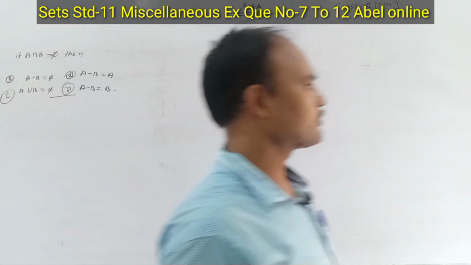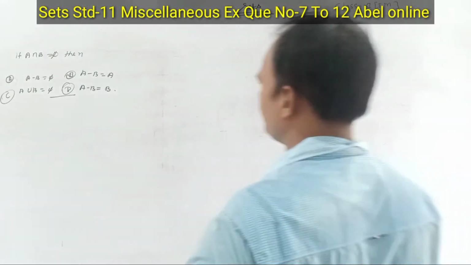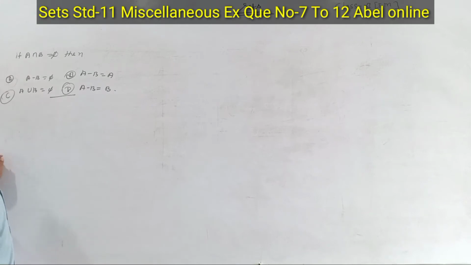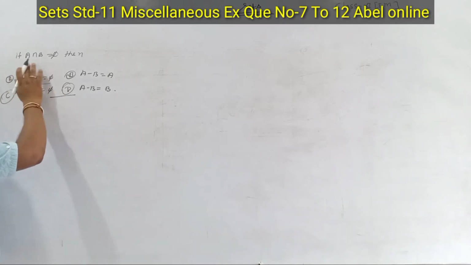You have to think about which option is correct. If A intersection B is phi, it is not necessary that A minus B is phi. Suppose A intersection B is phi, which means there is not any common element.